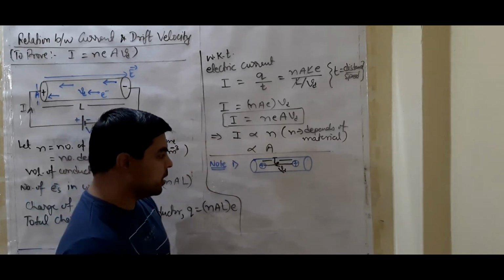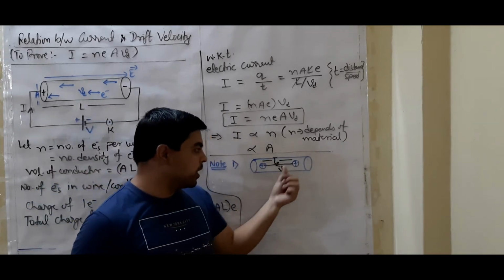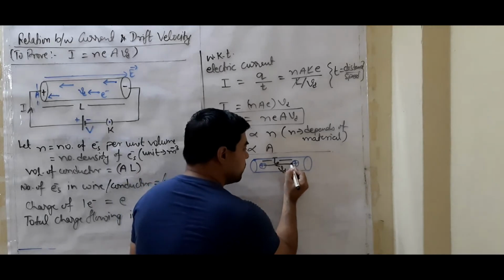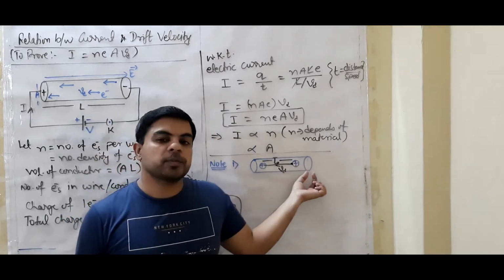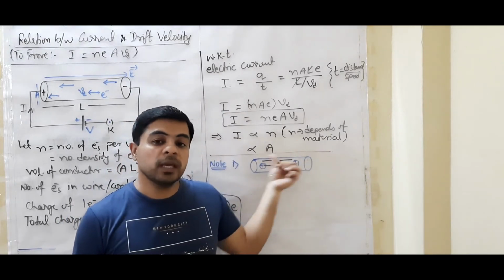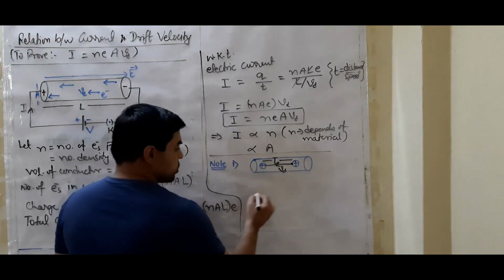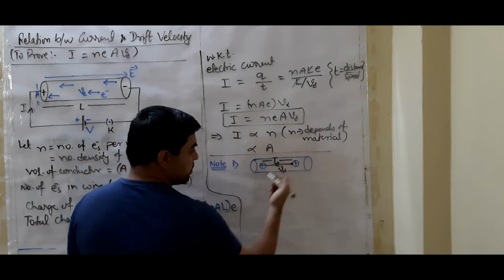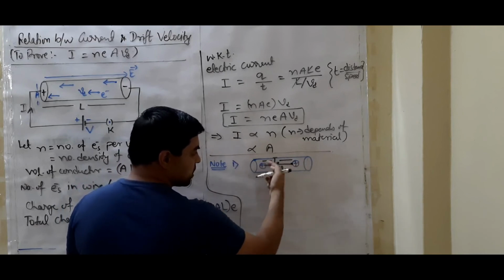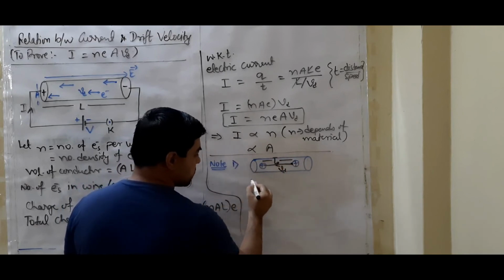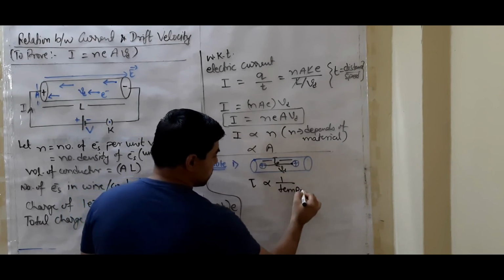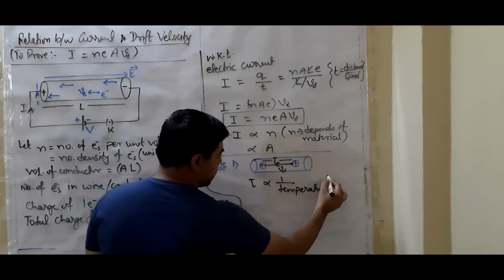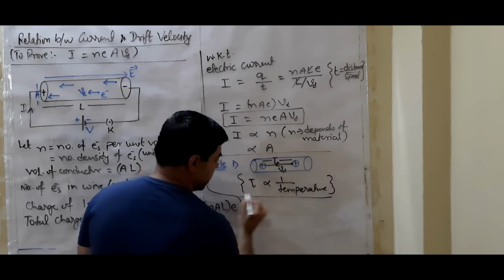Just imagine if we heat up the wire, what will happen to this electron? Will it move faster towards another positive ion or slower? We know that after absorbing heat energy, the electron will move much faster. So if we increase the temperature of the conductor, the electron will move fast and tau will reduce. So tau is inversely proportional to the temperature of the conductor. This is a very important relation which we will use in many cases.